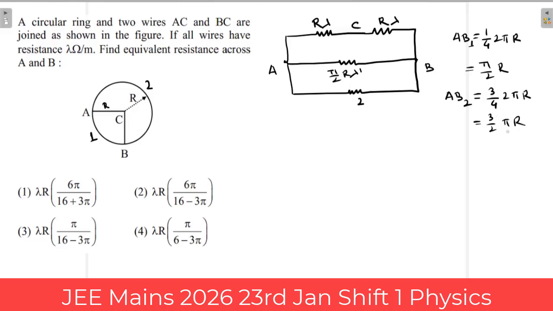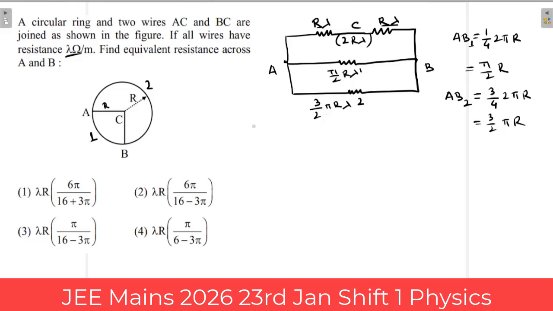So the length is 3 by 2 pi r, and lambda is the resistance per unit length, so the resistance is 3 by 2 pi r lambda. Now these two, r lambda and r lambda, are in series, so the total equivalent is twice r lambda for the path ACB.